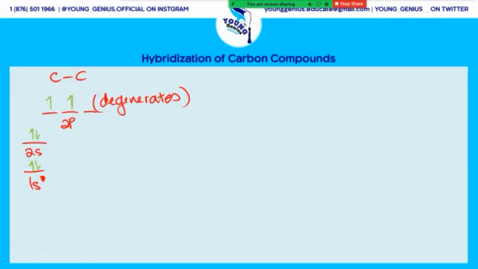All right. So for carbon-carbon single bonds, the 2s orbital mixes with all 3 p orbitals to form what we call sp3 hybrids. What sp3 means is one s orbital mixing with three p orbitals. So basically one s to three p's.